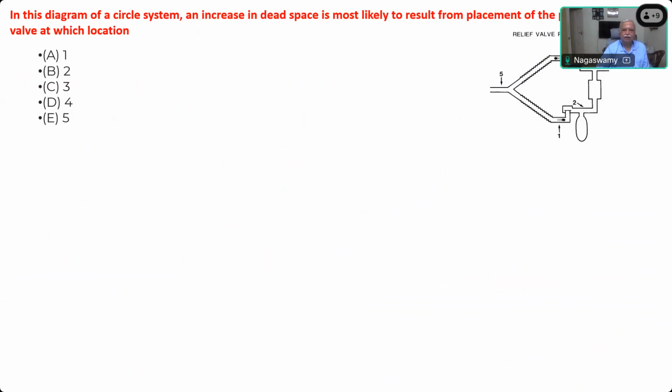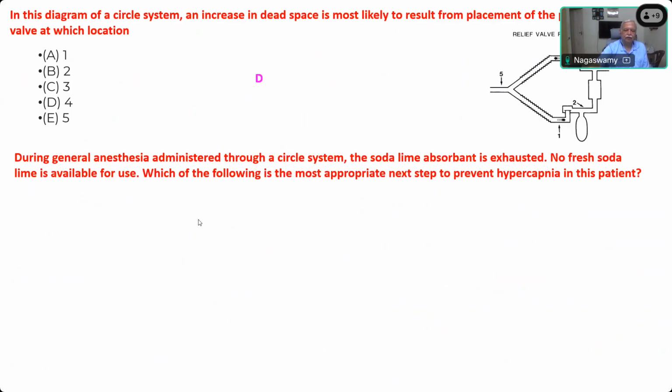The answer is 3, D, 4. Okay. So that will make it a full dead space up to this. So wherever the relief was present, up to that you have to calculate the apparatus dead space.